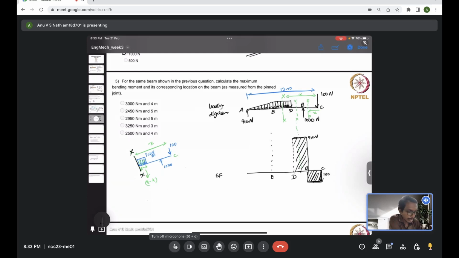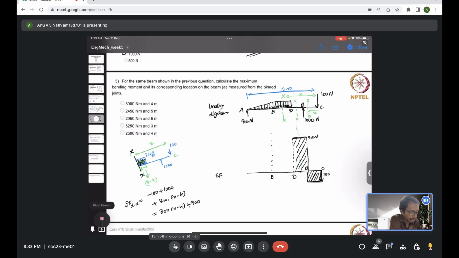If you want to know the shear force at the location XX, we add up all the forces on the right hand side of this beam. Earlier we had 100 downward plus 1000 upward. Now the extra load is the area of the UDL, 300 Newton per meter acting over X minus 4 units.